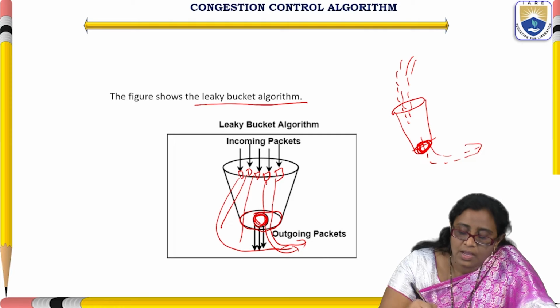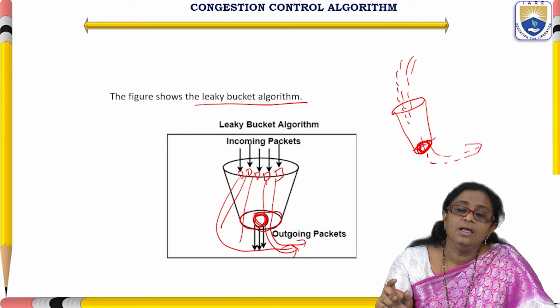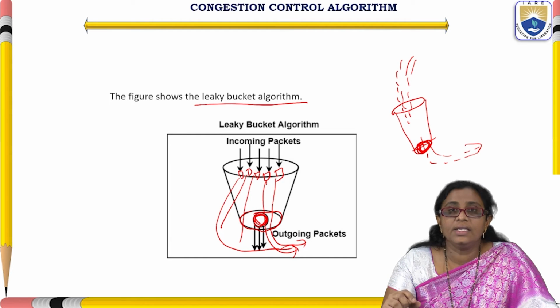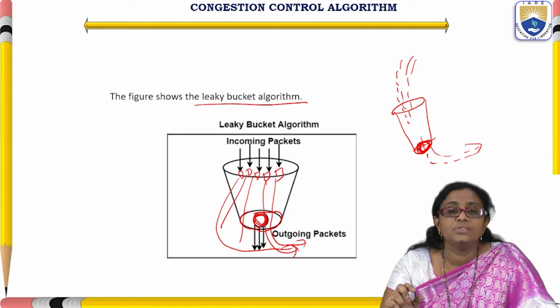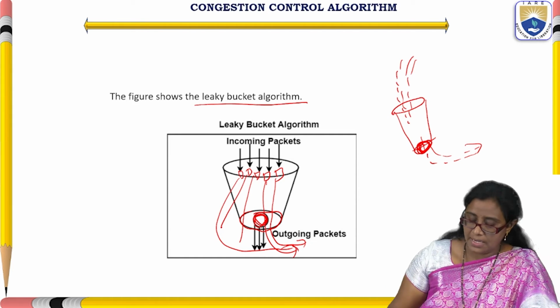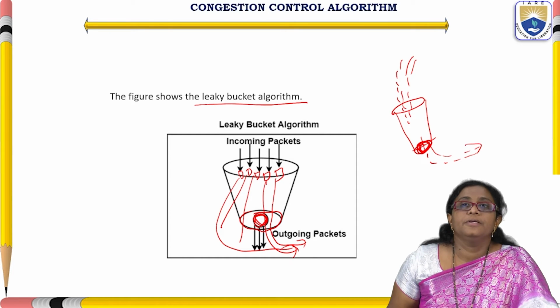Like the water, however many incoming packets there are, they all come outside by means of the hole at the end of the network. That is the main concept which should be included under the leaky bucket algorithm.